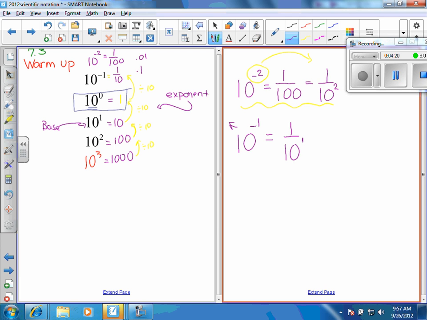So if I could ask you, what do you think 10 to the negative 3 is, in exponent form? Yeah, Emilio? 1 over 1,000 is one correct answer. Cameron? 1 over 10 to the third. Okay, so what happens when we have a negative exponent?